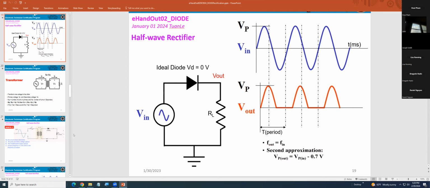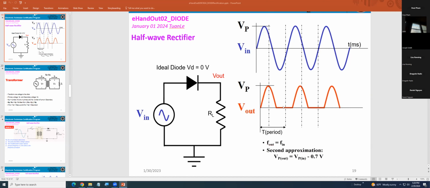Was that what you just said, forward bias or reverse bias? That was forward bias. Oh, forward bias, I'm sorry. And if it were reverse bias, what would the outcome look like? We see the lower one is reverse bias. It would be zero.